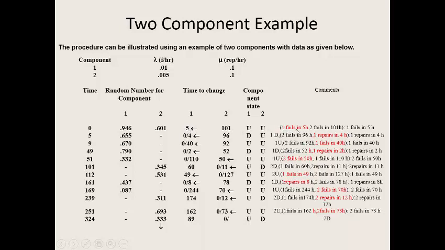So component 1 fails in 5 hours and component 2 fails in 101 hours. So obviously component 1 will fail first in 5 hours. So we go to 5 hours and we set this time to 0, and from 101 hours we subtract 5 hours, which gives us 96 hours.